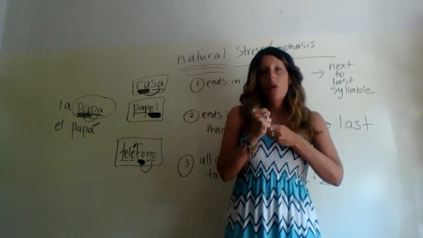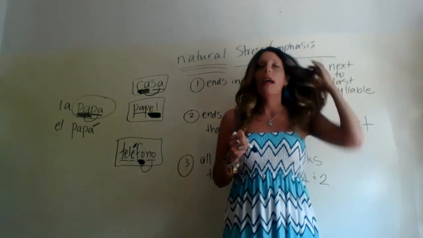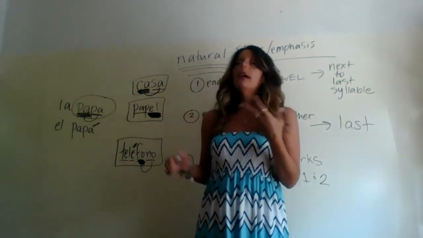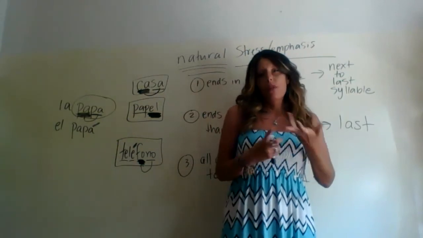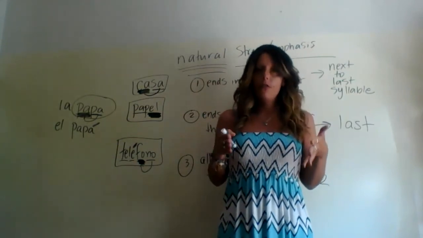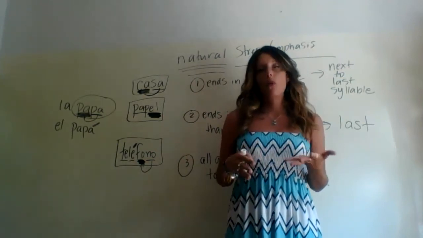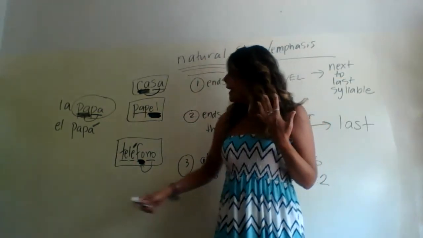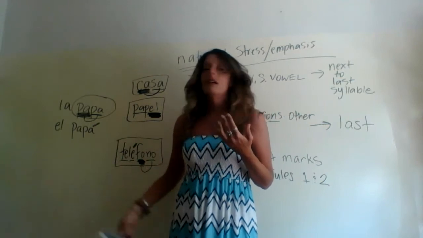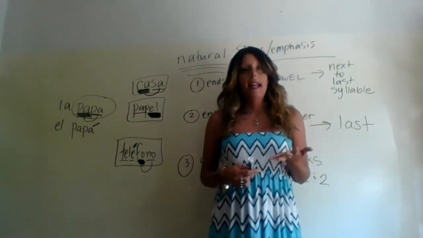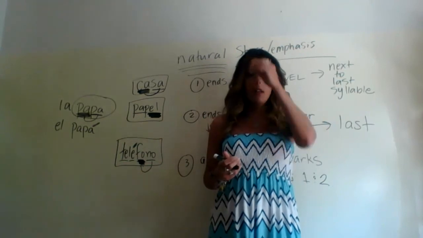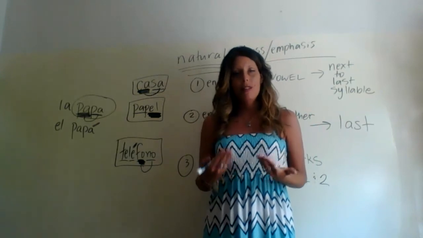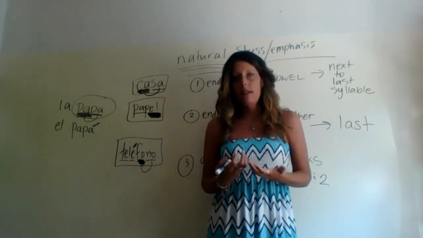So the thing that I want you to take away from this video is that we always need to remember rule number 1, we always need to remember rule number 2, and we need to remember that rule number 3 is all about how accent marks serve 2 functions in Spanish. They can serve the simple function of just changing the meaning of a word, or, in these examples, accent marks can serve the function of overriding the natural rules of stress or pronunciation or emphasis in the word.